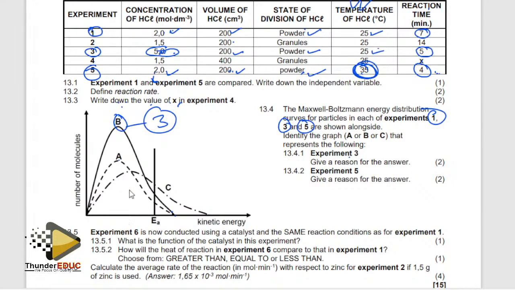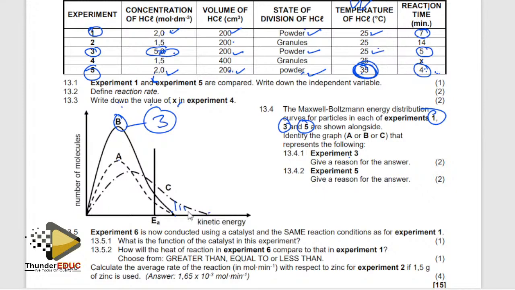we can say that experiment 3, now you're saying that give experiment 5. Where is experiment 5? Experiment 5, what is different? It has the fastest rate, you see, meaning that it has a high number of particles which are colliding. So if you look at this, then automatically this is going to have the highest number of particles.